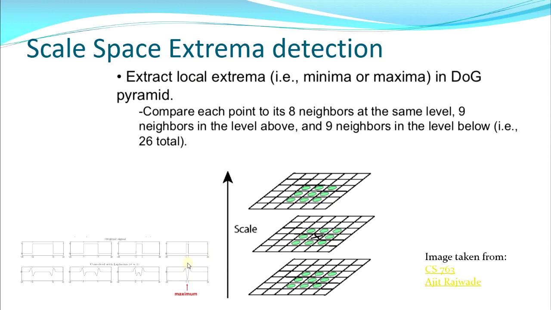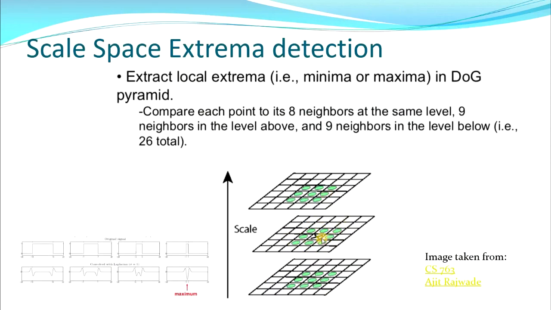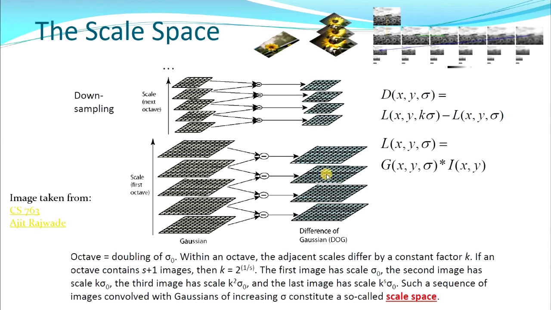In order to detect this, in a particular difference of Gaussian image, we start with the second image over here. Suppose I am calculating for this pixel. I will compare this particular pixel with its 8 neighbors, and the 9 neighbors in the top scale and the 9 neighbors in the bottom scale.